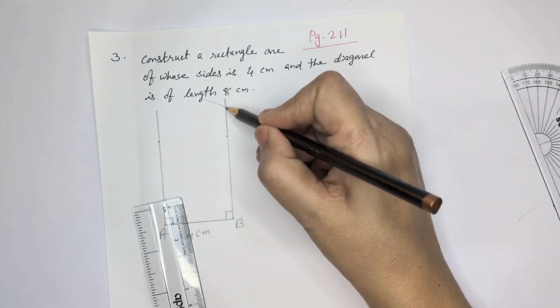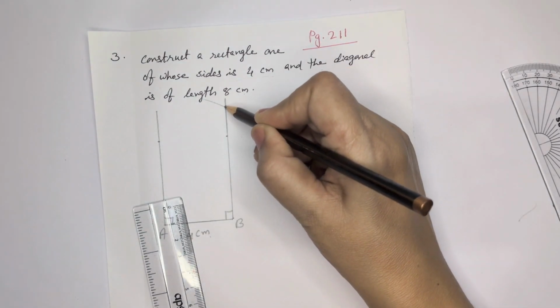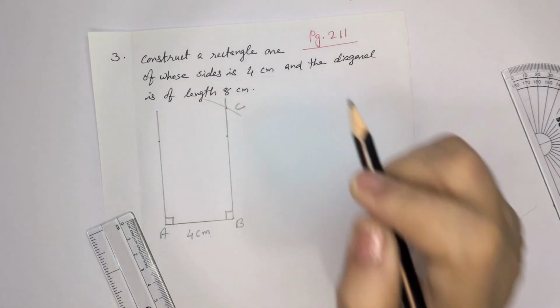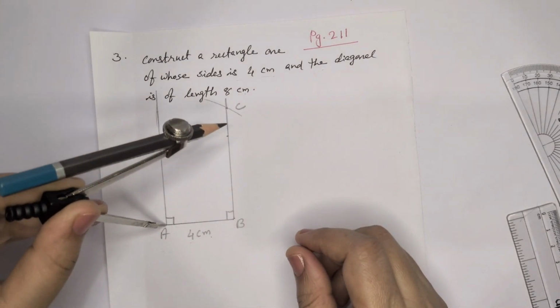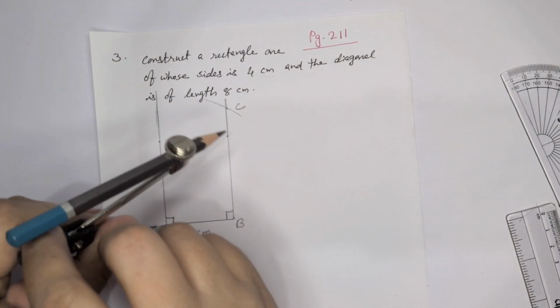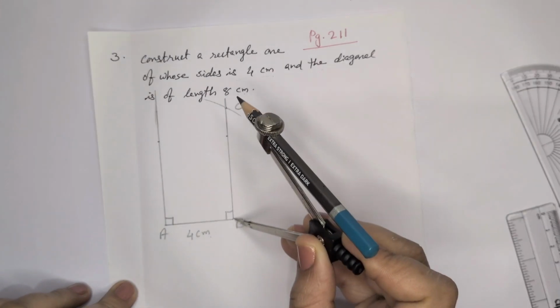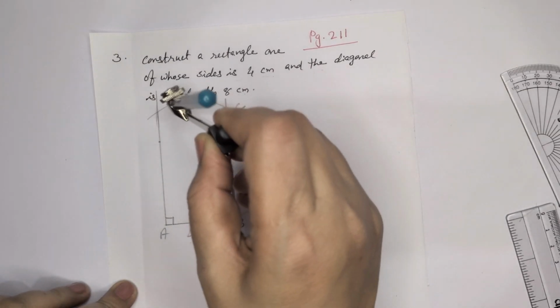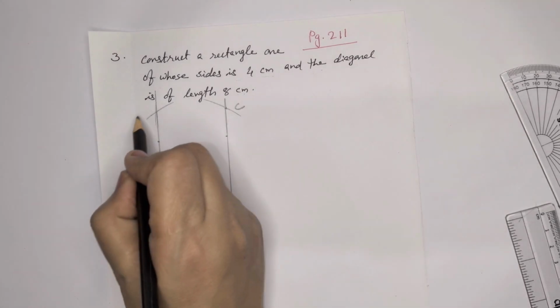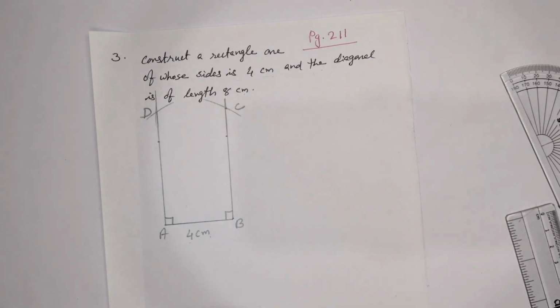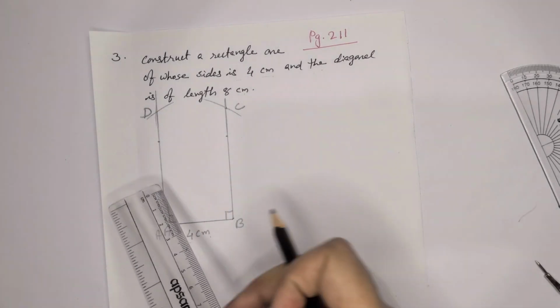So this intersecting point is C. So 8 centimeter from A, this arc, same way from B also, 8 centimeter we have to mark. That is the points A, B, C, D. Now we can join C and D.